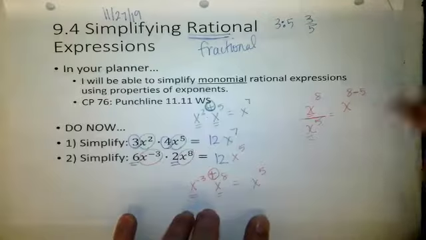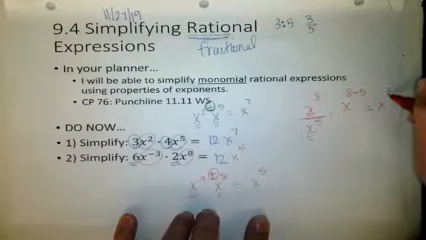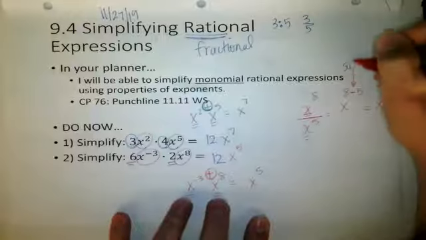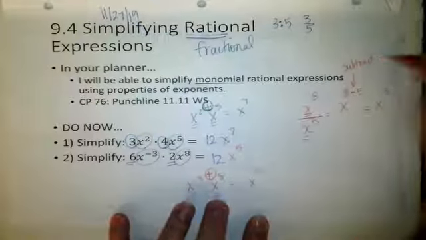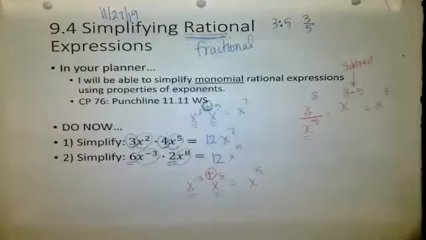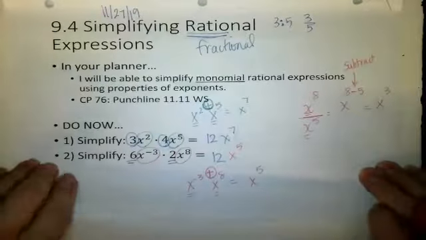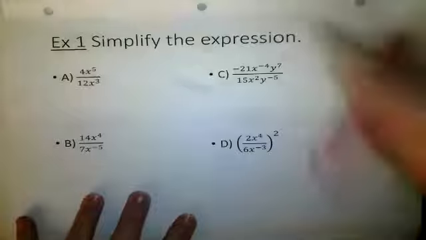So 8 minus 5 gives you x to the 3rd. So this is what we're doing today. We are subtracting the exponents, top minus bottom. That's the rule. If they have the same base, you can subtract the exponents.